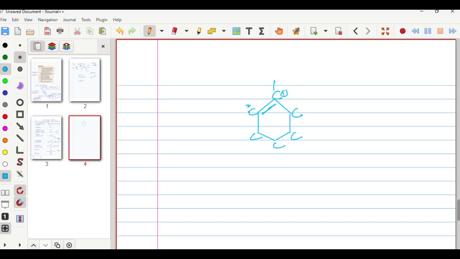And carbon 2, the same thing, only one hydrogen atom. The same thing for the others. If I put the double bond here, we have only one hydrogen left, and another double bond here, one hydrogen and one hydrogen. If you count the hydrogen, we have 6 of them. If you count the carbon, we have 6 of them. So that's why benzene's formula is C6H6. Does it make sense?